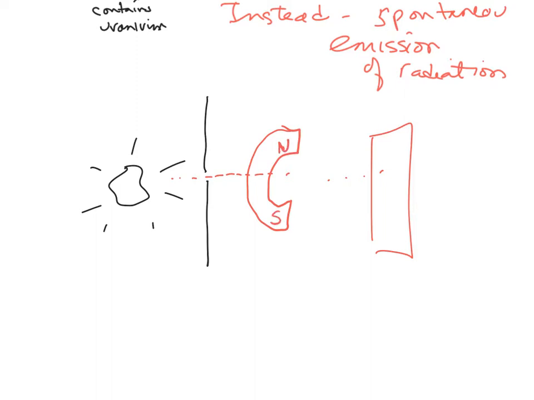What he found in the presence of the magnet is that the beam broke up into three parts. One was attracted to the north pole of the magnet. One was unaffected by the poles of the magnet. And another path was associated with being attracted to the south pole.